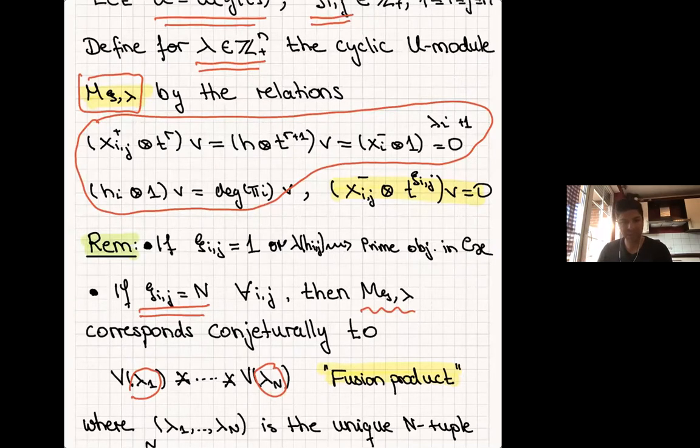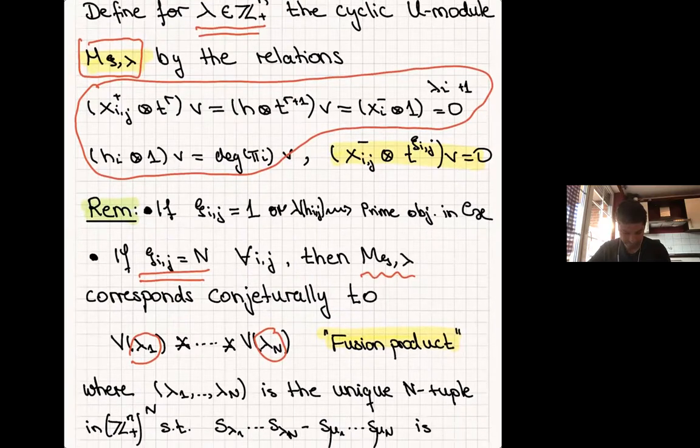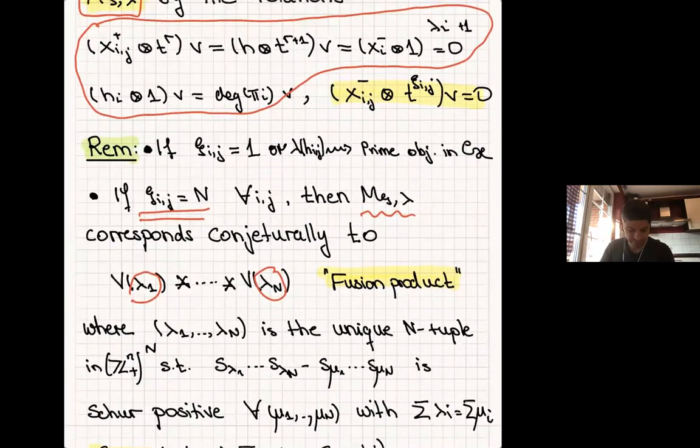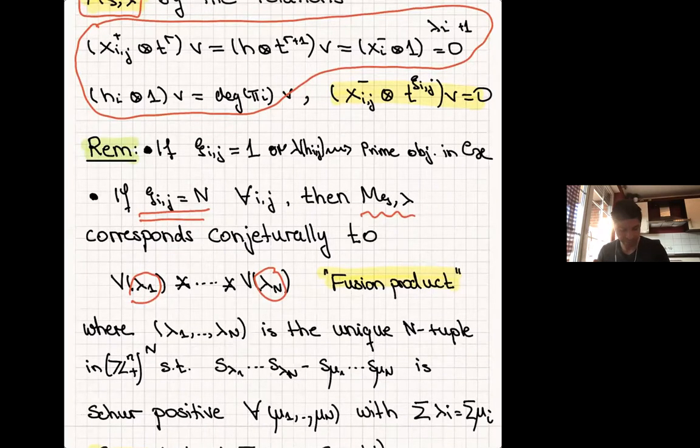This lambda_1 up to lambda_n is the unique n-tuple, each of which is a dominant integral weight for sl_{n+1}. It's uniquely determined by the property that the product of Schur polynomials is as maximal as possible.